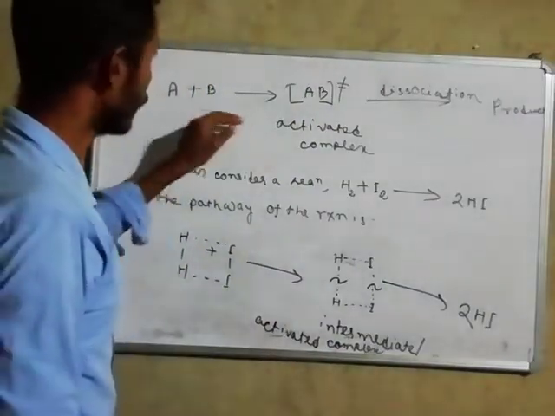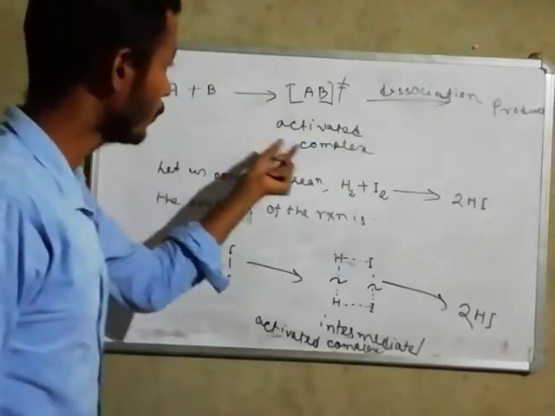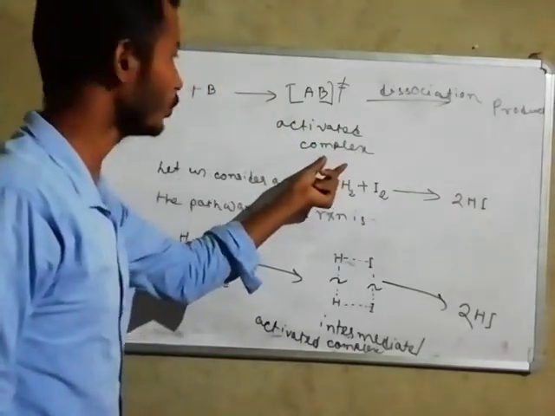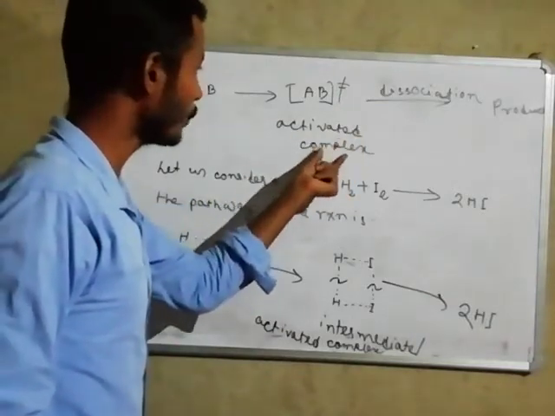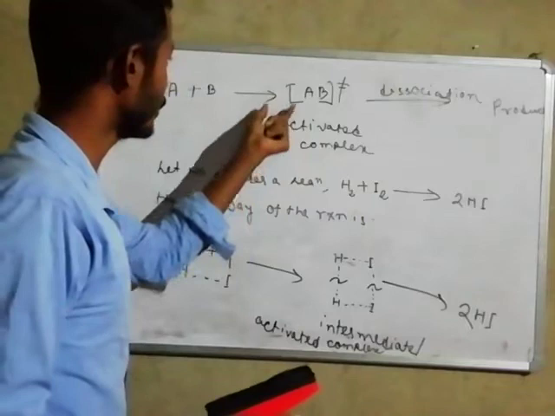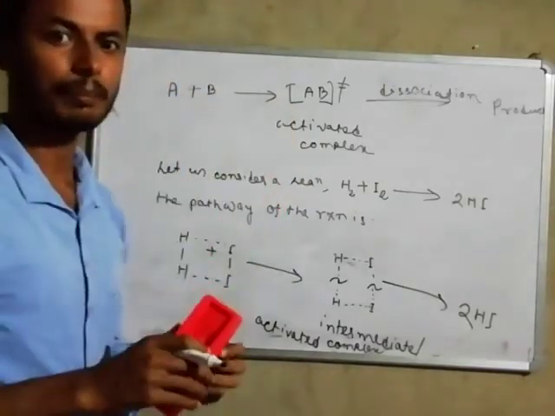That is, the formation of product from the reactant goes through the formation of a complex that is known as the activated complex. And the energy requirement for activated complex formation is known as activation energy. Okay.